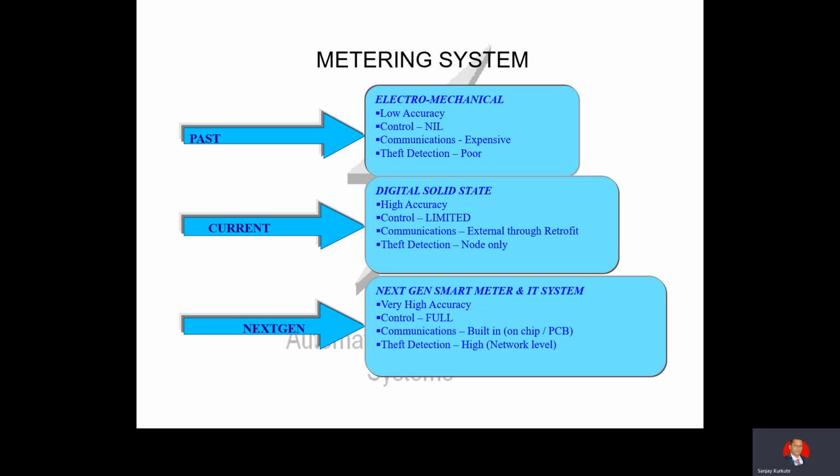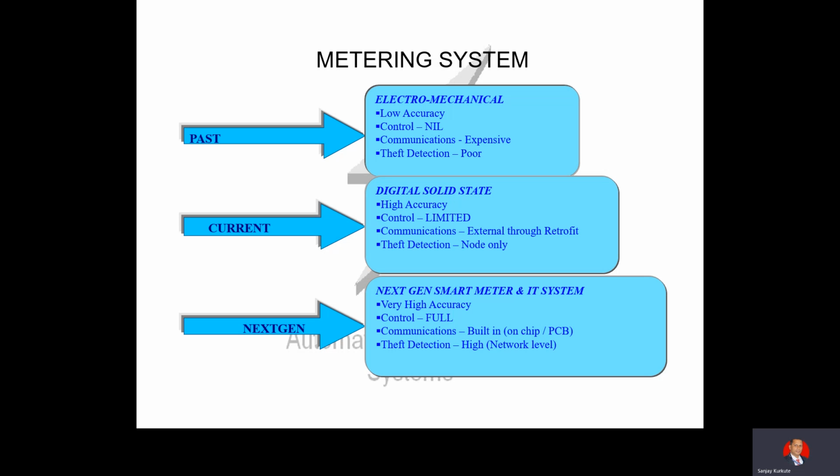In metering systems, one can find that electromechanical meters were there in earlier cases, with low accuracy, no control, and very poor theft detection. So all these problems were there. Then in current days, digital solid state meters offer high accuracy, limited control, limited communication, and theft detection.